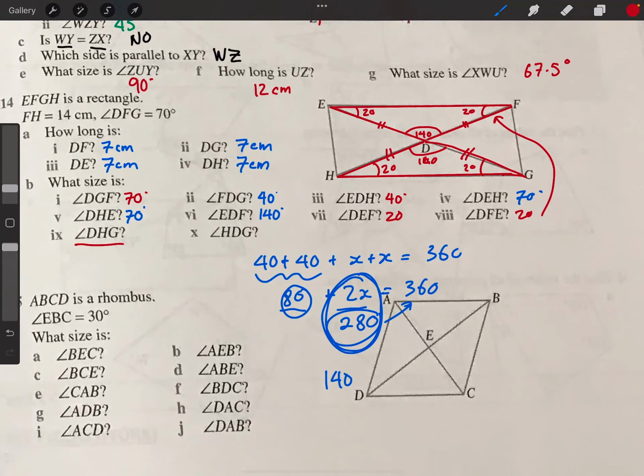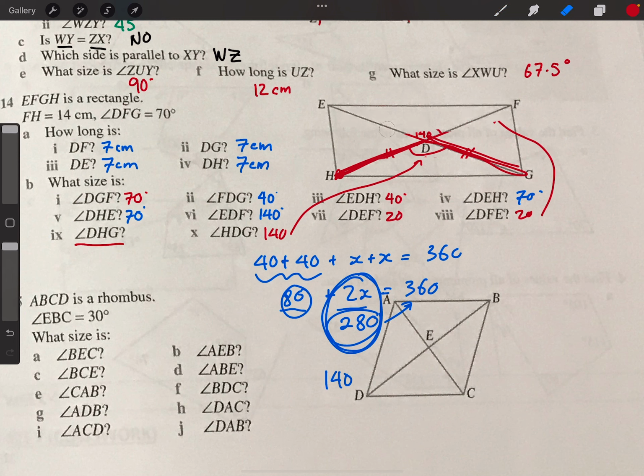So angle HDG, that's 140. That's the angle here, H, D, and G. So that angle there. Alright, there you go. All of the answers are there. I'll rub it all out.